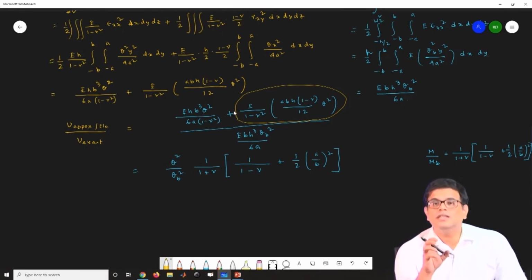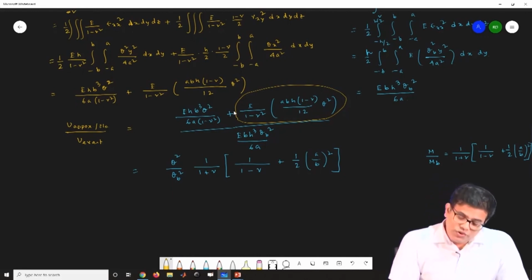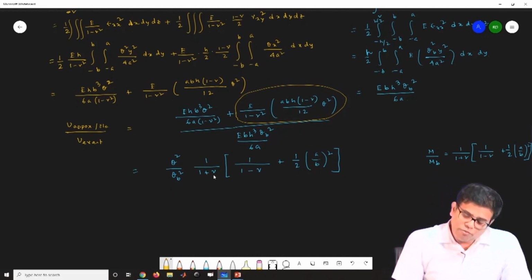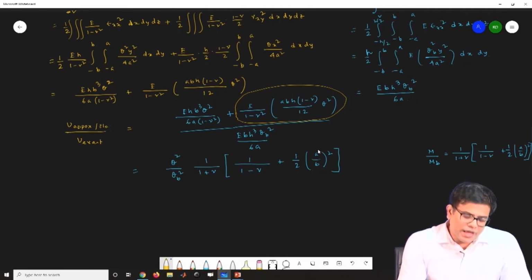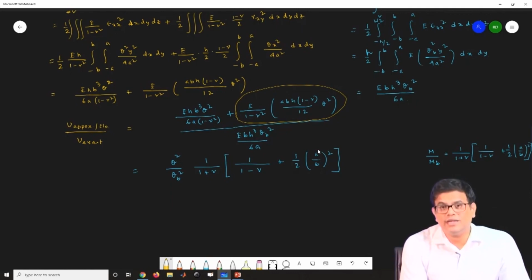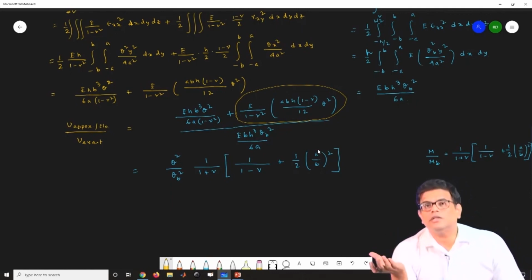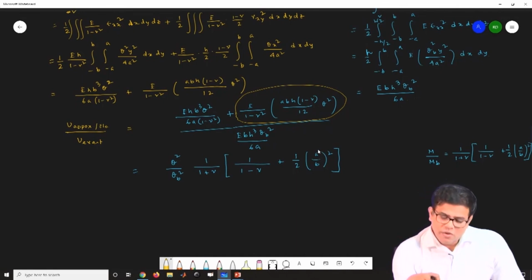Because of this, this element behaves, even if you see that for Poisson's ratio 0, then if the a by b ratio is large, your approximating strain energy will be very large. This is mainly due to the spurious shear energy term.